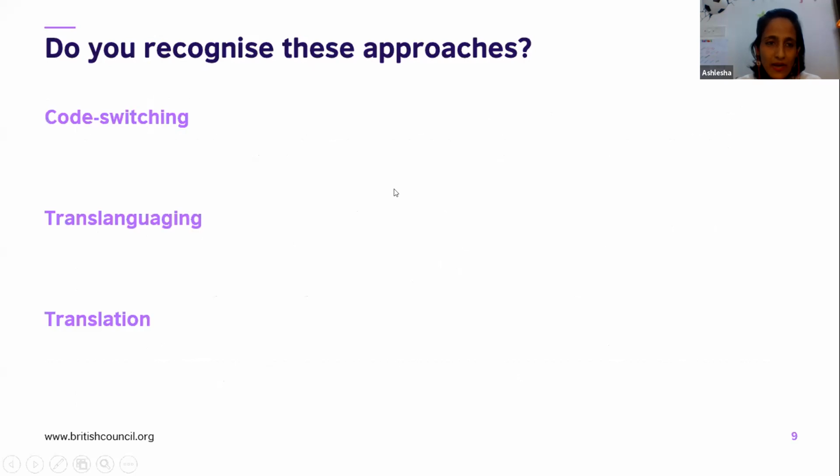Let's take a look at a few approaches. So I have 3 approaches here on the screen. One is code switching, one is translanguaging, and the 3rd is translation. Are you familiar with these approaches? Are these terms ones that you have heard before? If yes, type a yes in the chat box and let us know which approach you are familiar with.